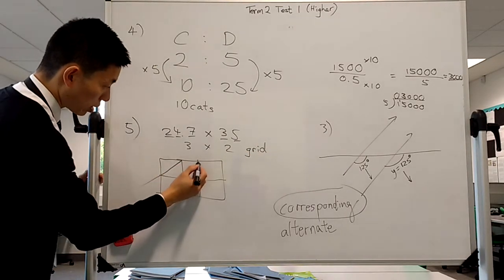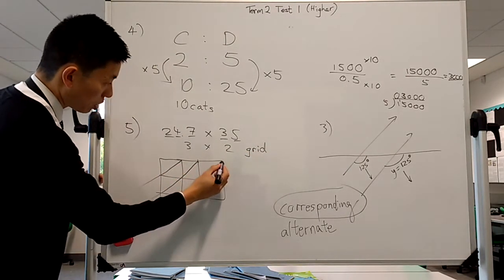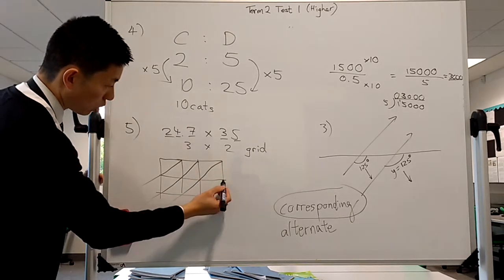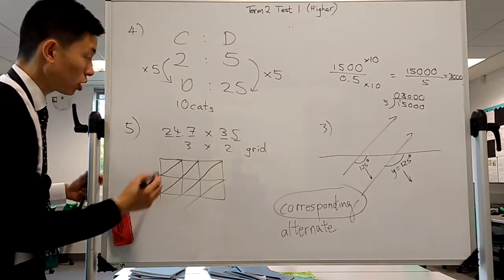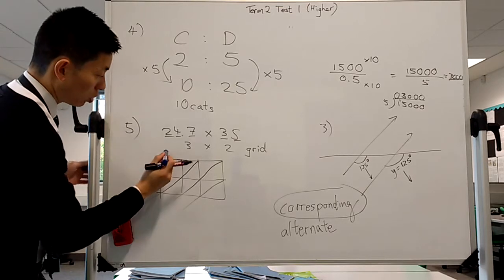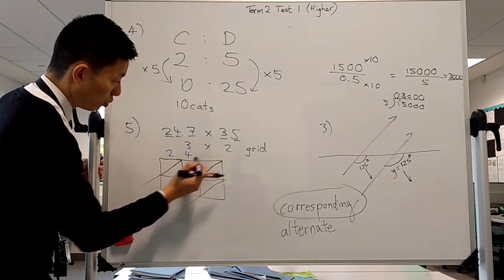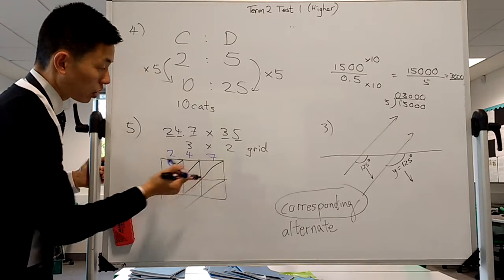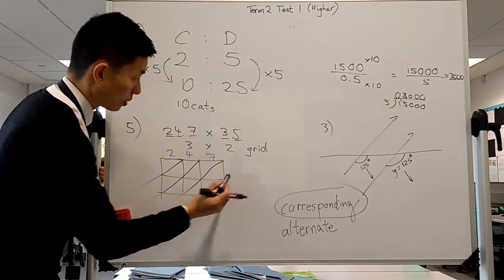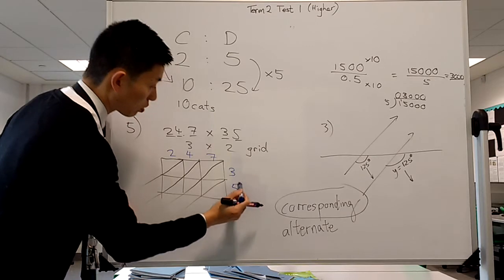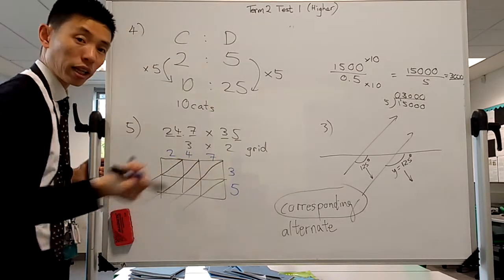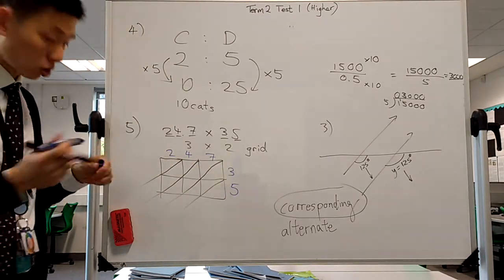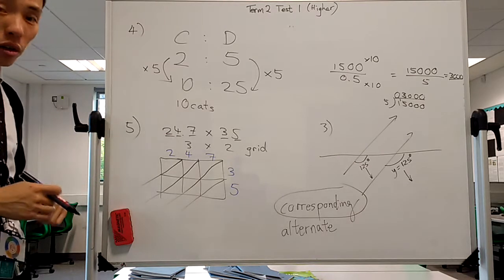You need to split the boxes diagonally, so you're halving each box. And then, if you've done it right, your number 247 should sit exactly on top, and there are no extra boxes left behind. So 3, 5 goes here. If you like, you can put a dot there. I tend not to. I usually do the dots at the end.